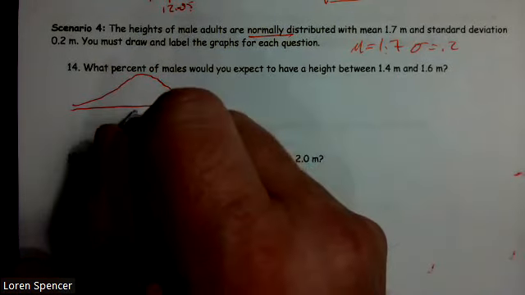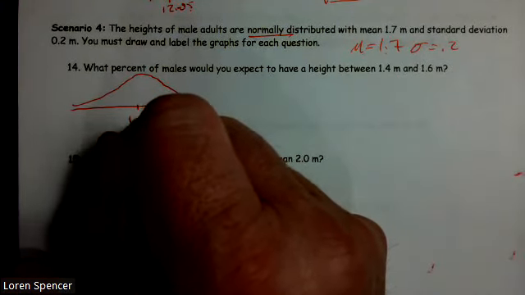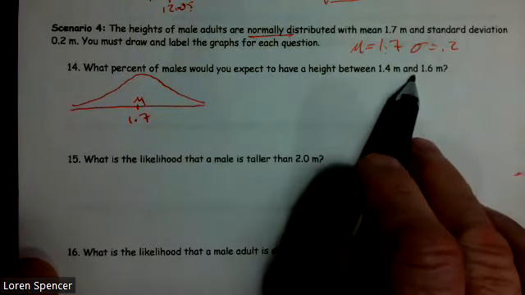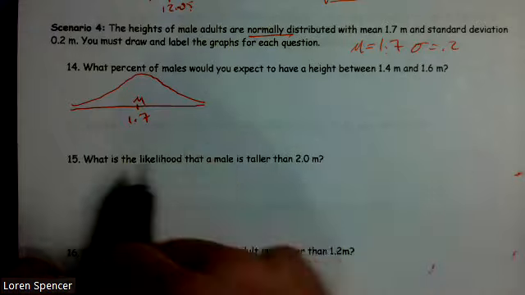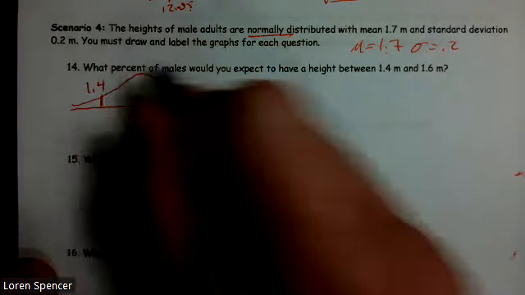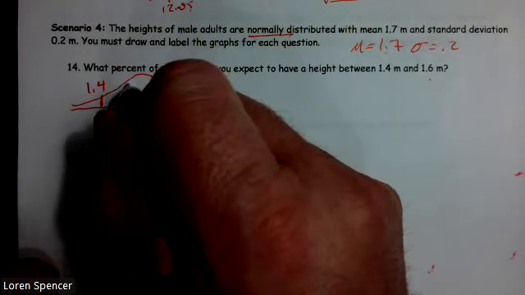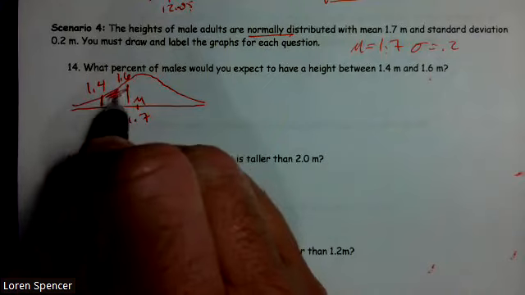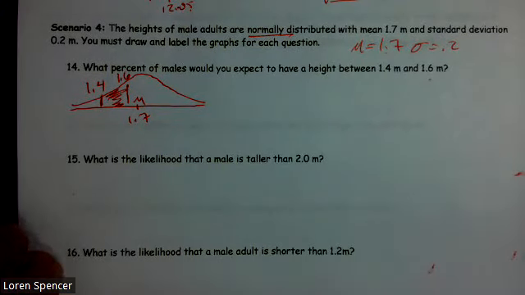So our mean is 1.7. And it says, what percent would you expect to have a height between 1.4 and 1.6? Well, 1.4 is less than 1.7, and so is 1.6. So both of these are below. So I need to be below, and I'm shading right there.